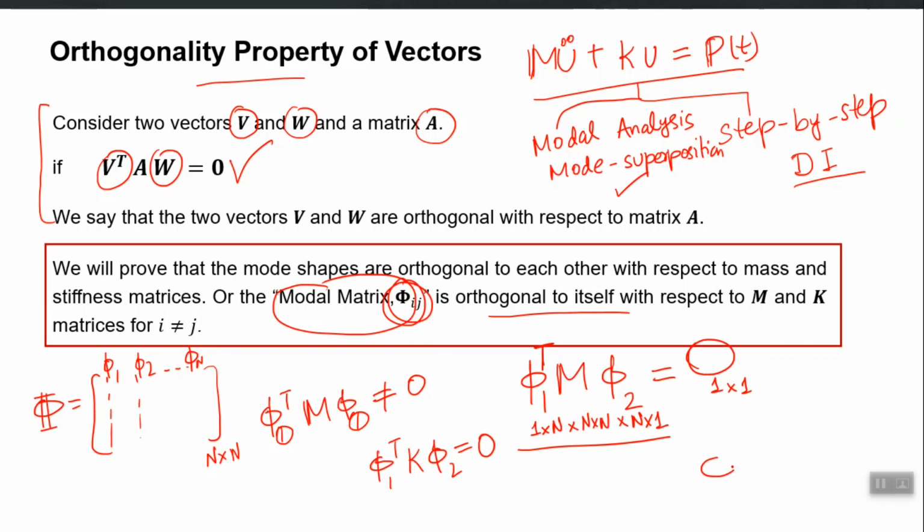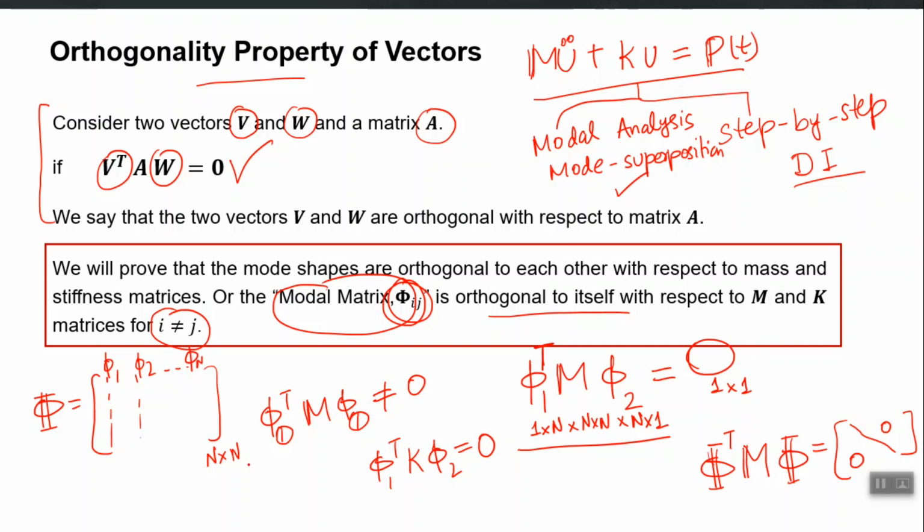So when I say capital phi transpose times the mass matrix times capital phi again, the resulting matrix obviously will be n by n, but all the entries on the diagonal will be non-zero and all the off diagonal terms will be 0. This is when I say that for any I not equal to j, the answer will be 0, and for I equal to j, the answer will be non-zero. So let's try to understand that further.